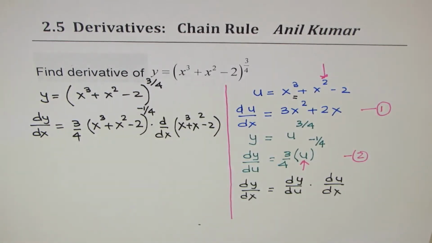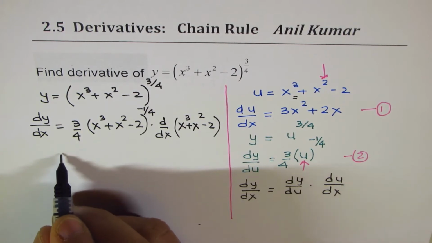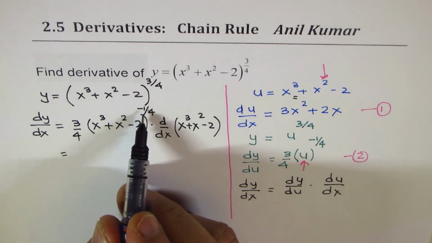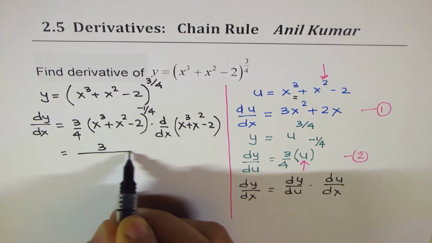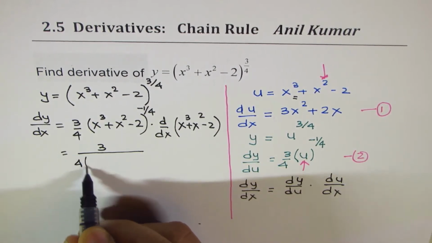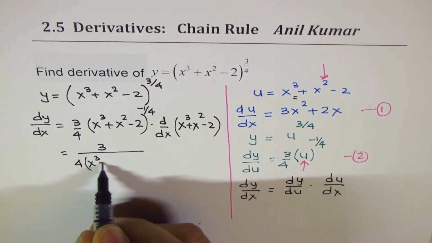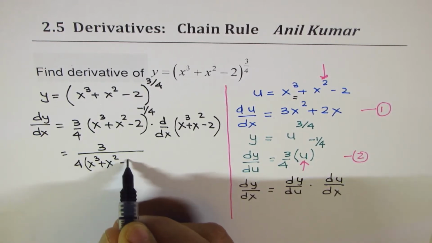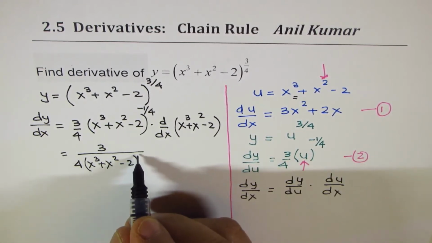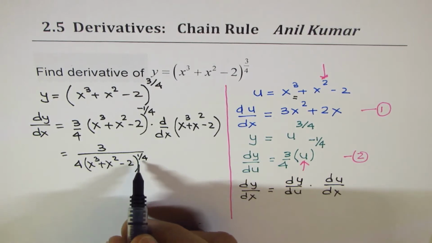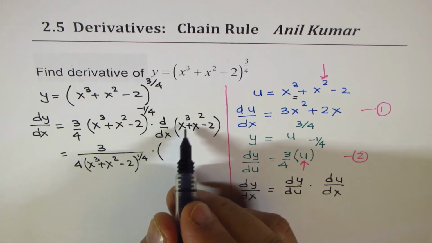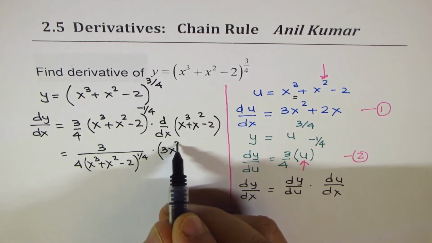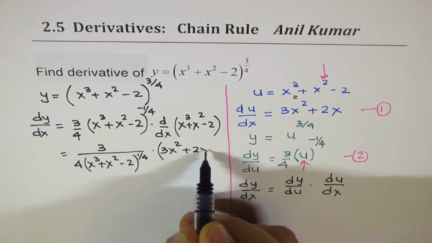Do you see that? And now that is a negative power, so we have to bring it down, right? So we write 3 on the top, and we could write this as 4 times x cubed plus x squared minus 2 to the power of 1 over 4, right? Fourth root. And the derivative of this function is 3x squared plus 2x.